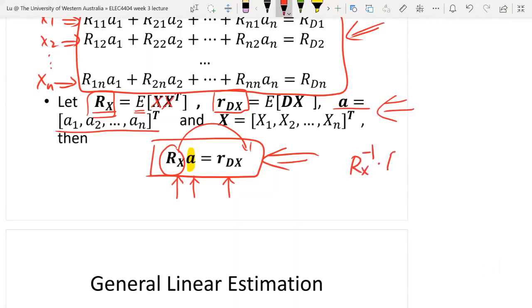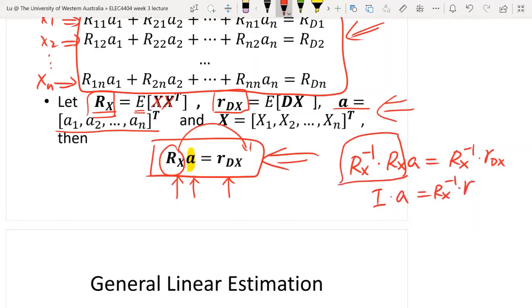Left multiply Rx A equals r_dx by Rx inverse. Rx inverse times Rx is an identity matrix, so the identity matrix times A gives A equals Rx inverse times r_dx. Identity matrix times a vector is just equal to the vector. So we got this result.